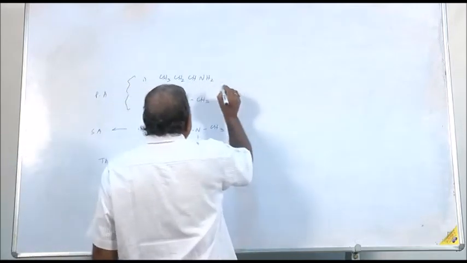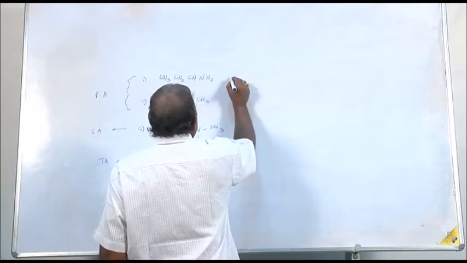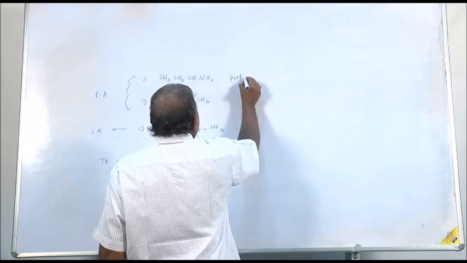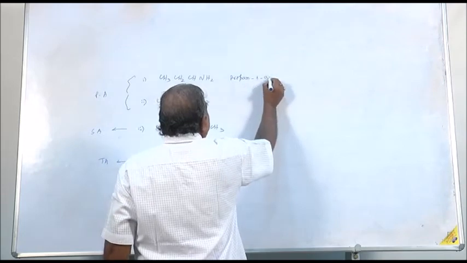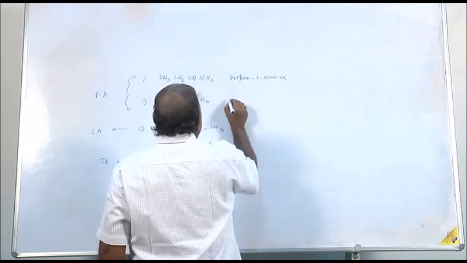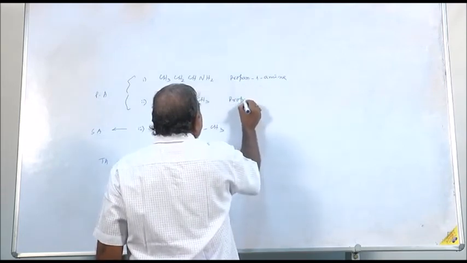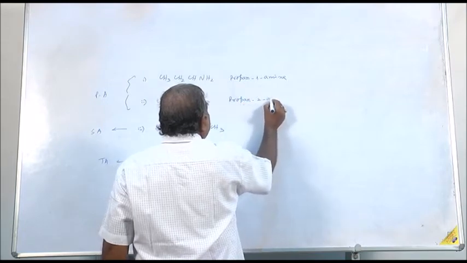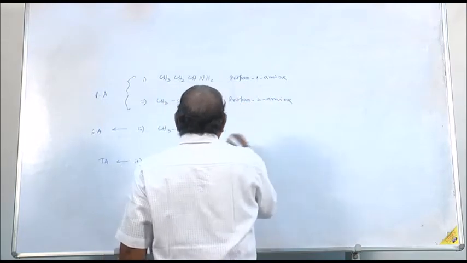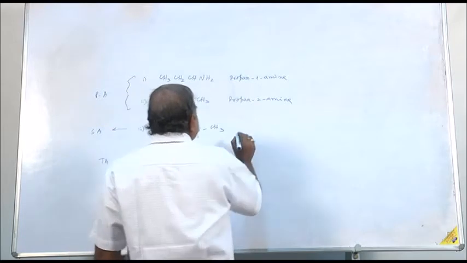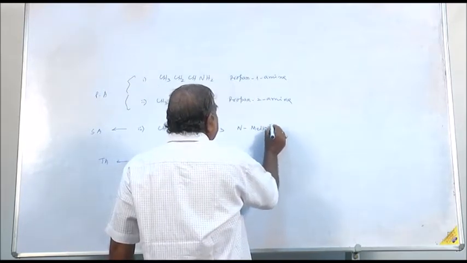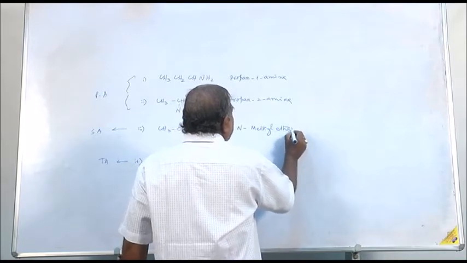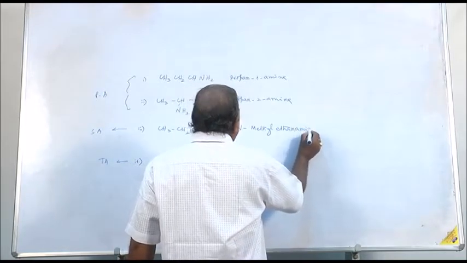So far as IUPAC name is concerned, this is propane-1-amine. This is propane-2-amine. This is a secondary one, so this is named as N-methylethanamine.